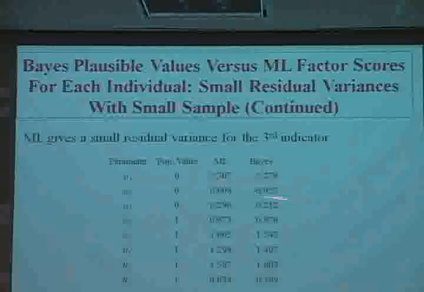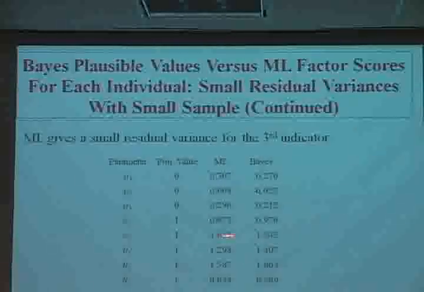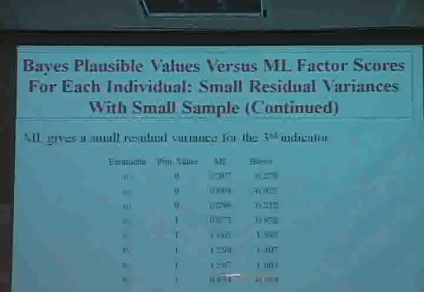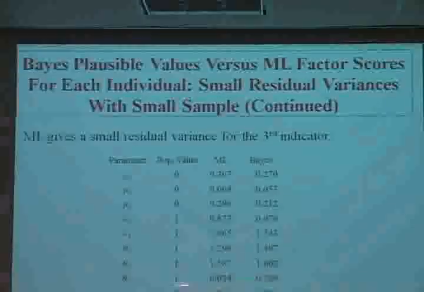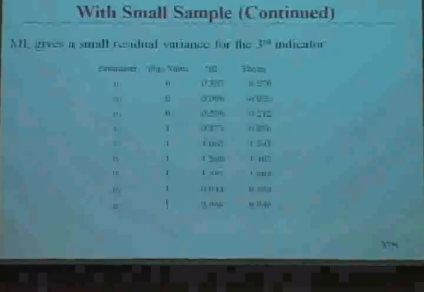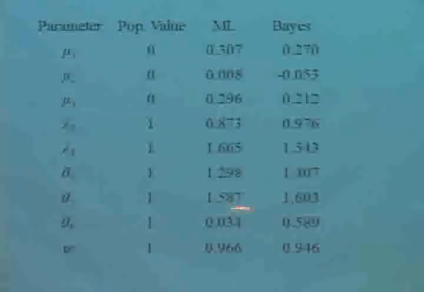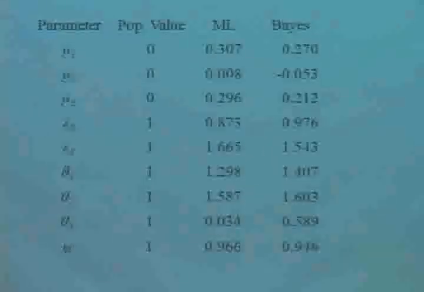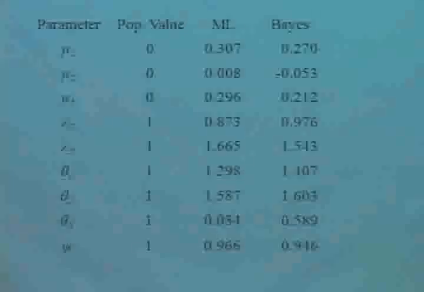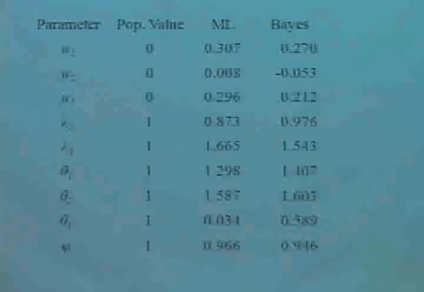The parameters are not that different overall. They're very similar, maybe with the exception of this parameter here. What is specific to this particular example is that you have a small residual variance. Think about what happens with maximum likelihood estimation when you get this small value.